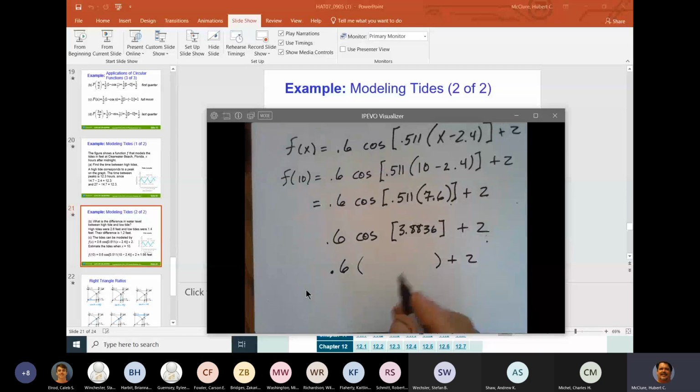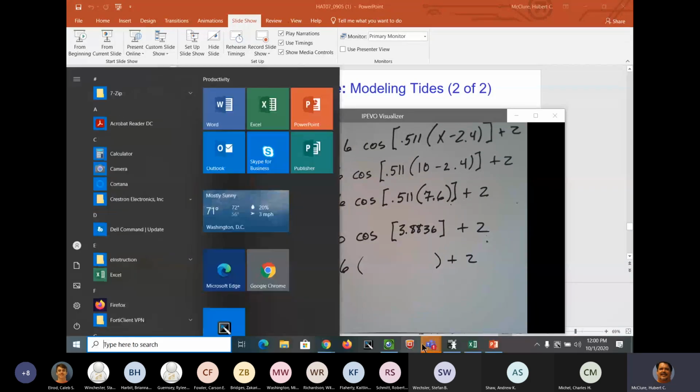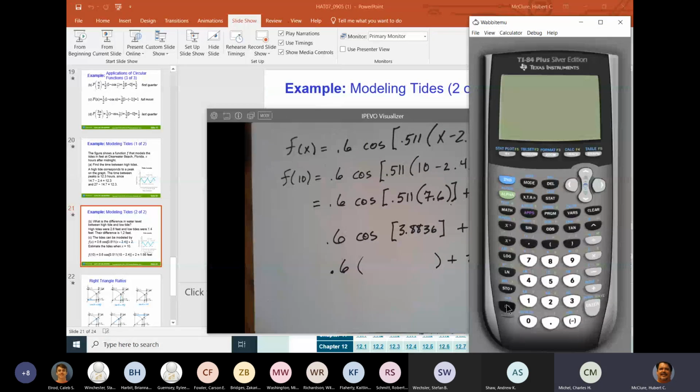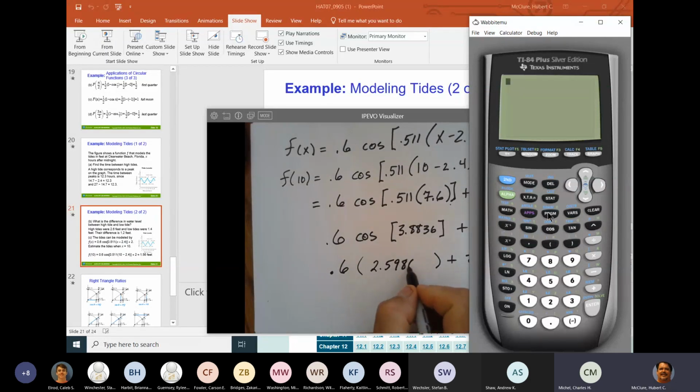Do y'all have a calculator? I mean, do I need to do it? I guess I'll do it. I got 2.5986. Everybody got that? Or anybody else get that?